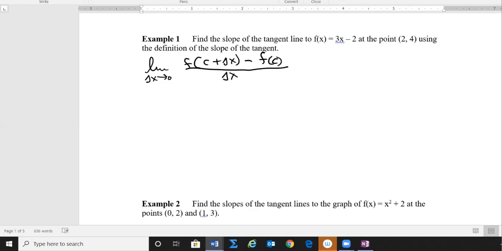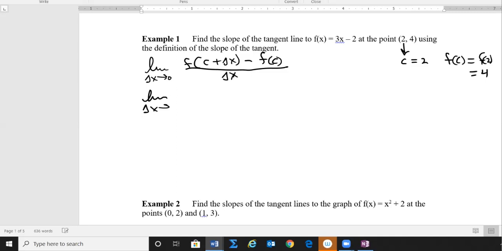Now, in our problem, we can see that our c is actually 2. We're trying to find the slope when x is equal to 2, and we can see that f of 2 is 4. So that information is already here in this point. So let's go ahead and form this.